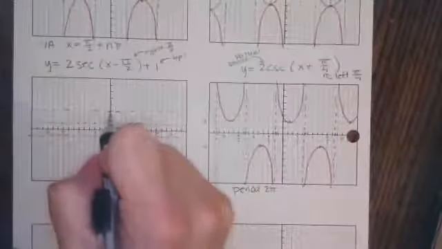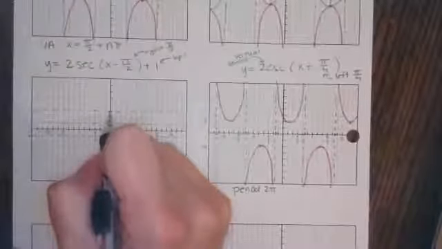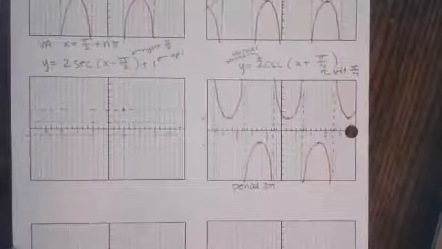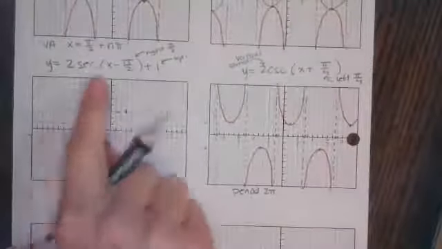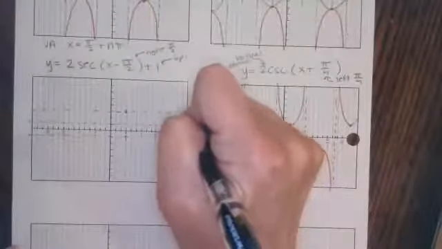With the cosine curve, it starts at the top here. So this would be my first point. It has shifted to the right pi over 2, so that's going to move over here. The period is still 2 pi since there's no b value change there. So 2 pi after this, I would be back at the same spot, so that's going to be right there.